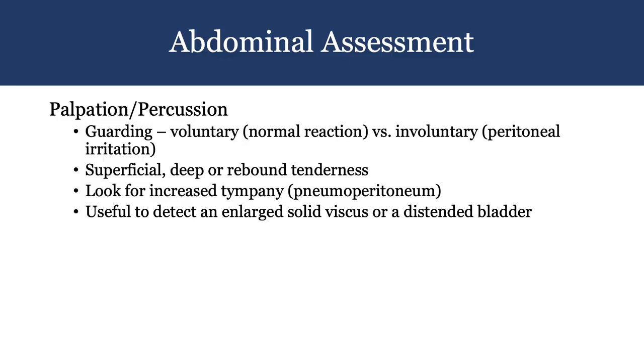Look out for increased tympany on percussion, which could indicate pneumoperitoneum, or leakage of air into the peritoneal cavity, usually from a ruptured abdominal viscus like the intestine. It is useful to detect an enlarged solid mass or a distended bladder as well, because a distended bladder could point to obstruction further down.